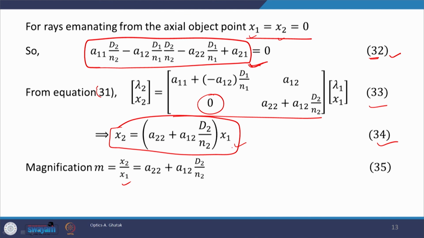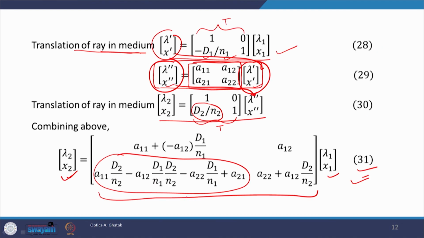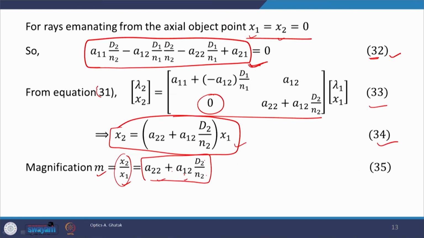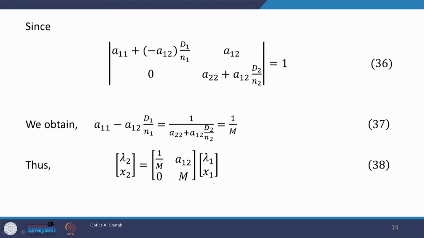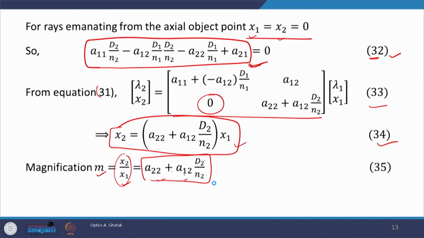Now, from equation 34, if you calculate x2 by x1, then you get this expression, which is a22 plus a12 into d2 by n2. This is the expression for magnification. And there is one more condition on this matrix.